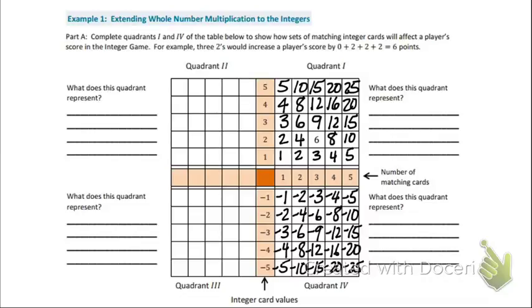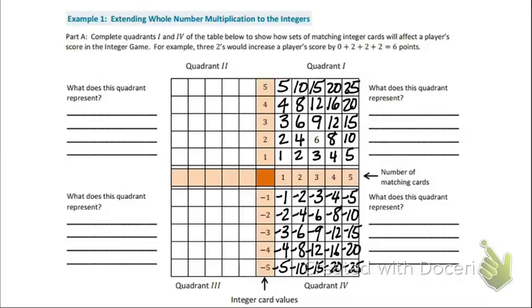You can see it's more or less a multiplication table, both top and bottom. One very big difference: the top yields products that are positive, and the bottom, quadrant 4, yields products that are negative.